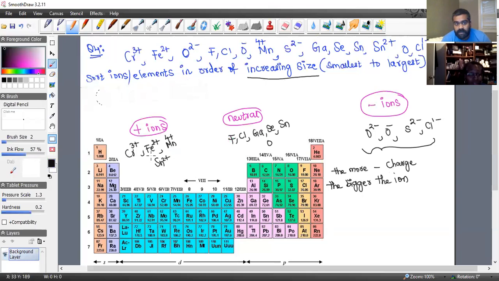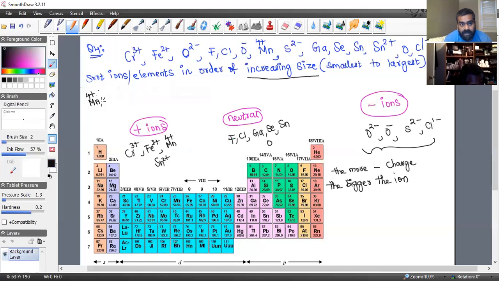Smallest to largest. All right. So we know positives are smaller than the neutrals and the negatives, irrespective of where they are. And we just did a positive question: the one with the most positive charge is going to be the smallest. That's easy. There's only one, so no problem.